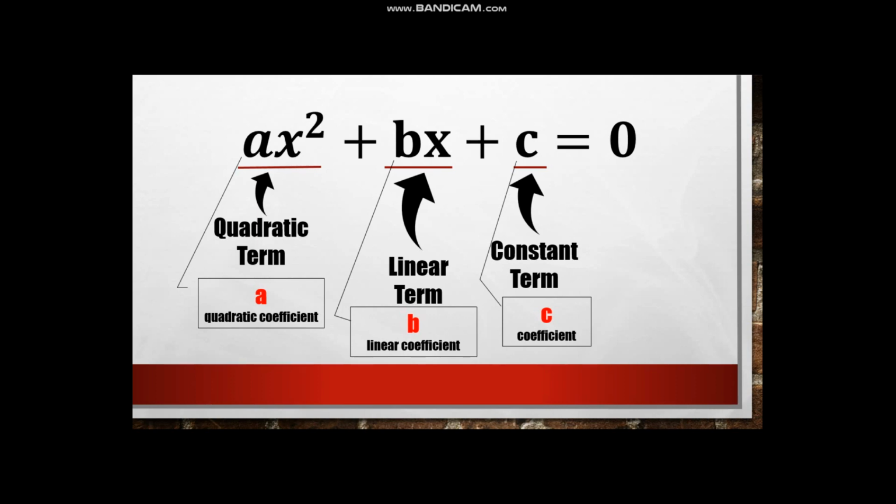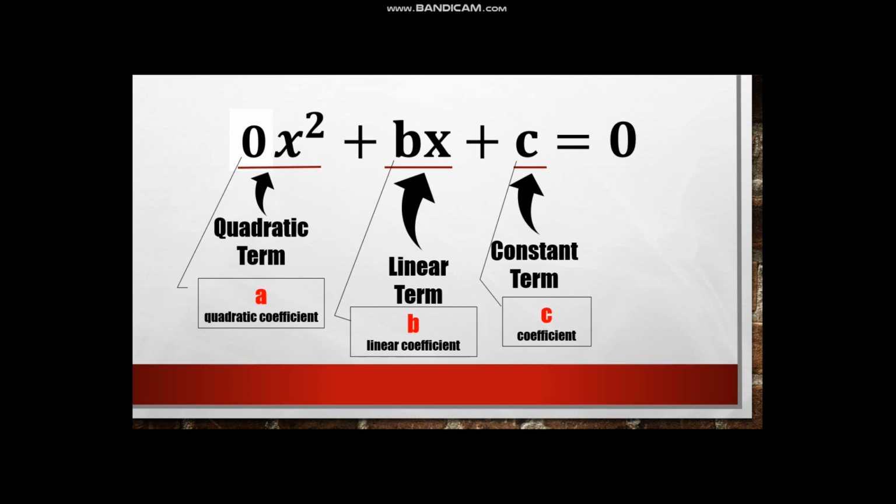Now, going back to the idea that a should not be equal to 0. Why? Okay, let us discuss this. Say for example, a is equal to 0. So, we will be substituting 0 to the constant a.